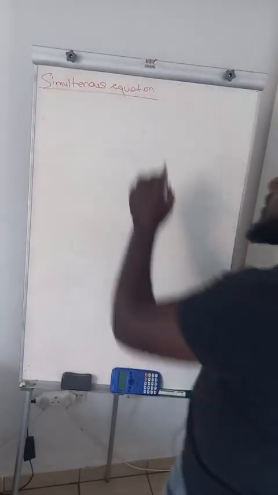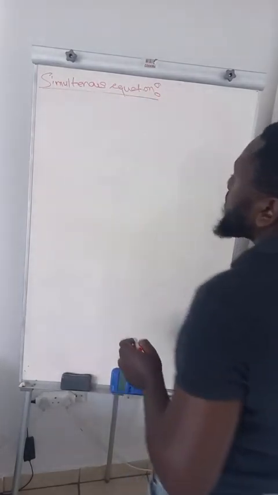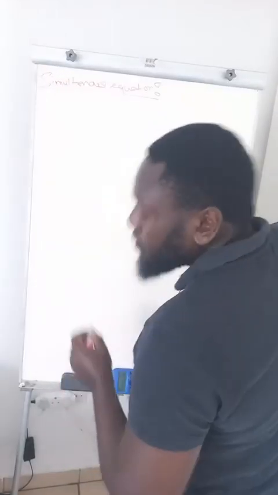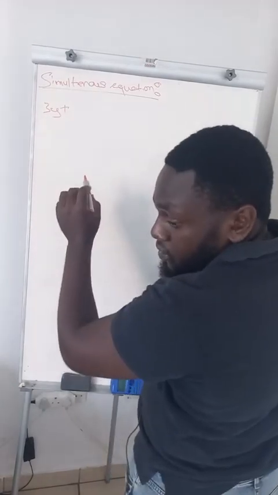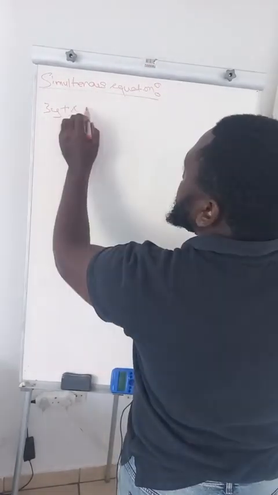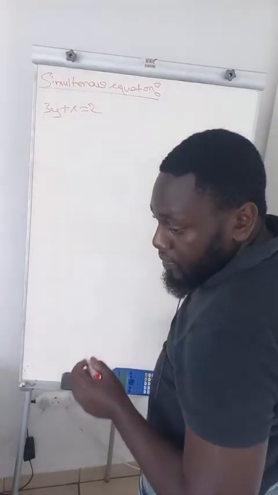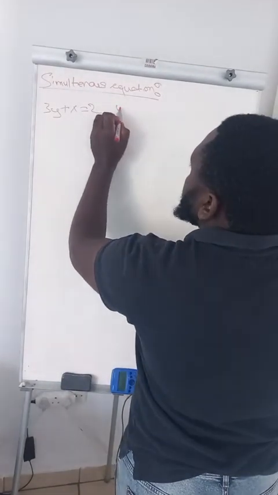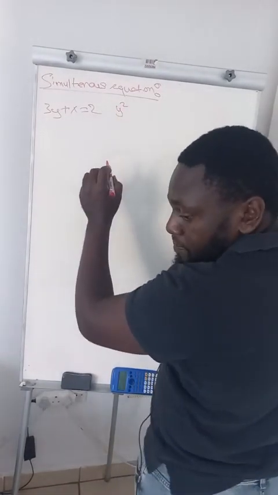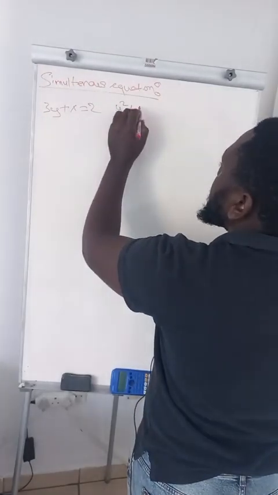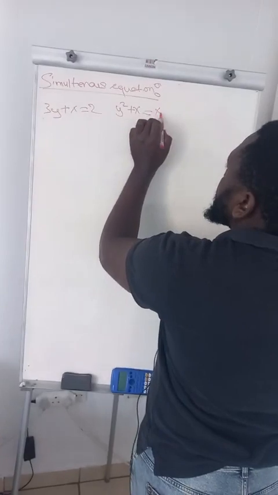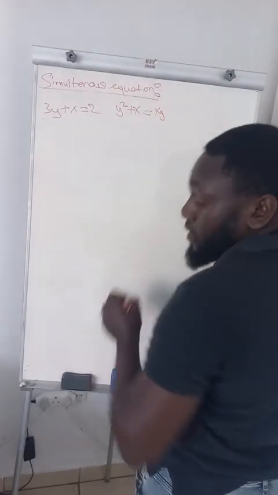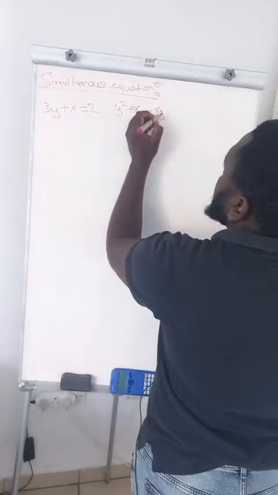So if this is this, it means you will have the following. You have 3y plus x is equal to 2. And then what's the next one? The next one is y squared plus x, it gives you xy. And then after xy, they say plus y.